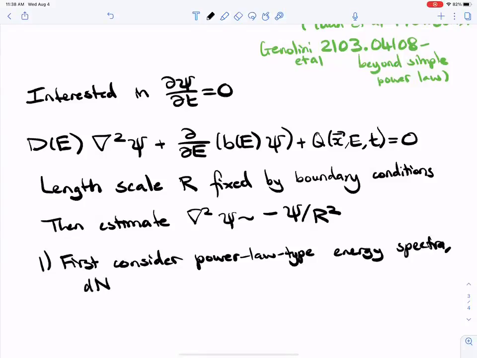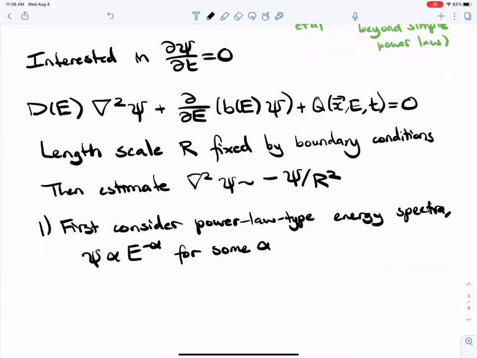So let's say that we have a power law energy spectrum that looks something like phi goes like E to the minus alpha, for some alpha.